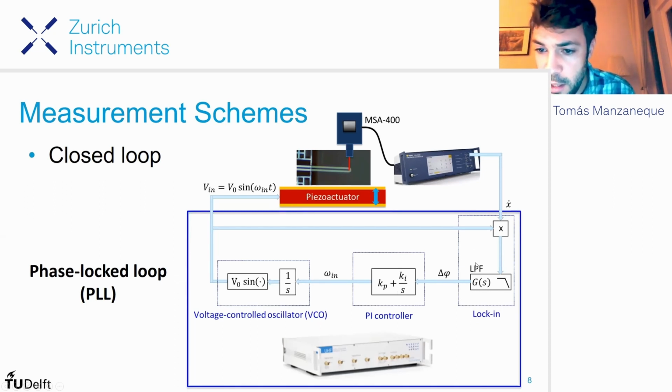Then we have our lock-in that detects the phase of the displacement with respect to the force. And then we set a PI controller that takes these phase values and calculates the new frequency of actuation, so we are continuously at resonance.